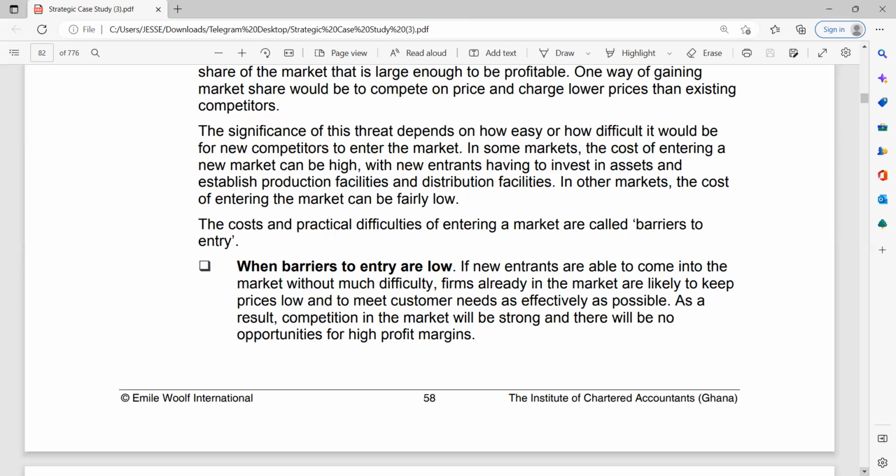So if new entrants are able to come into the market without much difficulty, firms already in the market are likely to keep prices low and to meet customer needs as effectively as possible. So when barriers to entry are low, new competitors can come in, create competition, and therefore pricing would be low. As a result, competition in the market will be strong, right? And there will be no opportunities for high profit margins when the barriers are low.